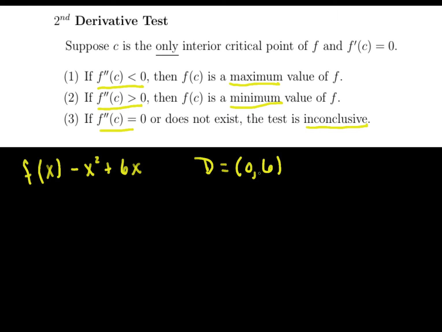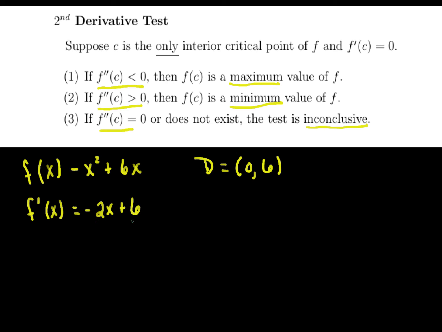I don't have any endpoints, so I don't have critical values associated with the endpoints because I'm not including them in my domain. So the only critical values I could have is where the derivative is 0 or doesn't exist. So f prime is equal to negative 2x plus 6.